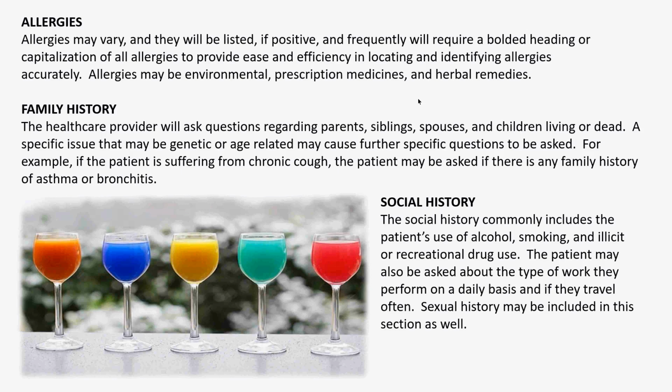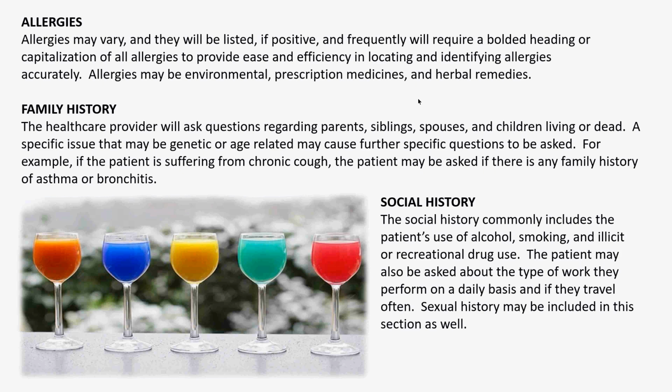Family history. It is very important that the physician knows what's gone on in your family. It might talk about your siblings, especially people that you are related to. Your parents, your siblings, your children. Spouses, I'm not sure what that has to do with anything, but perhaps if your spouse is ill, that may be taking a toll on your health as well.